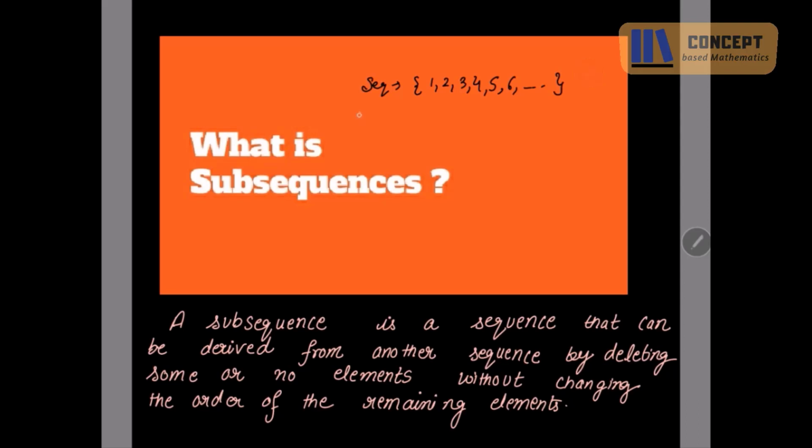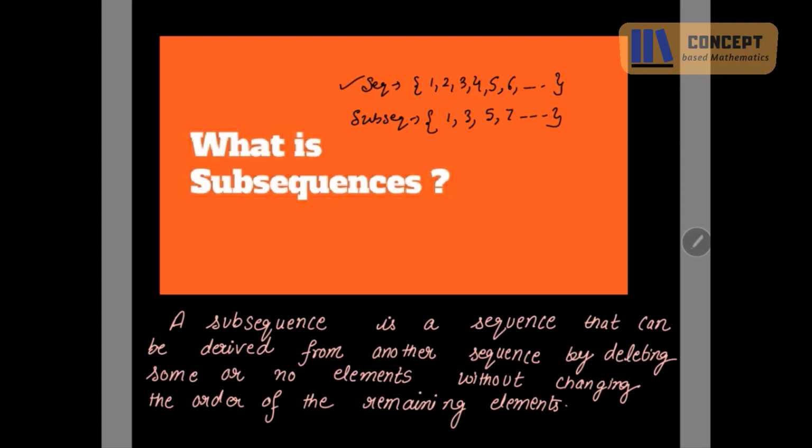Now I'm getting my subsequence as, let's remove all the even numbers from this sequence, right? So what did I get? 1, 3, 5, 7, and so on. So this is a subsequence of this sequence of natural numbers.